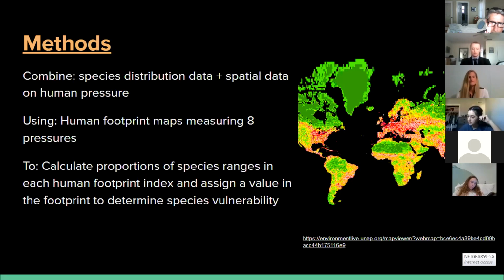The 8 pressures assessed are built environments, population density, electric infrastructure, croplands, pasturelands, roads, railways, and waterways. With this information, they calculated proportions of species ranges in each particular human footprint index so they could assign values, and mostly they wanted to determine species vulnerability.